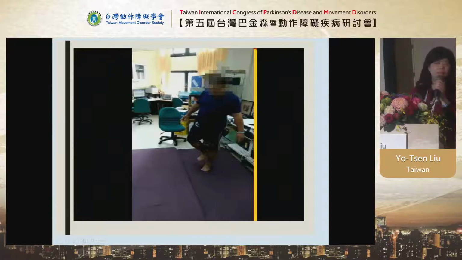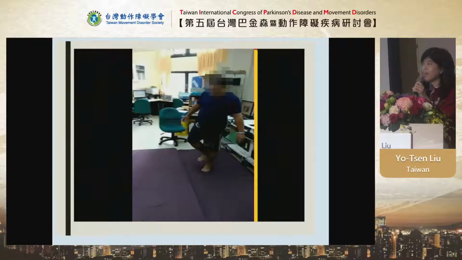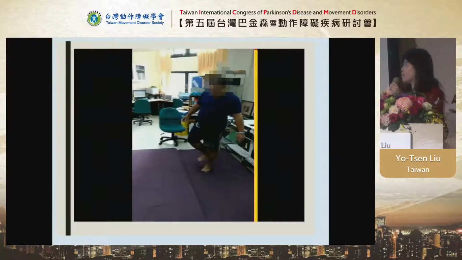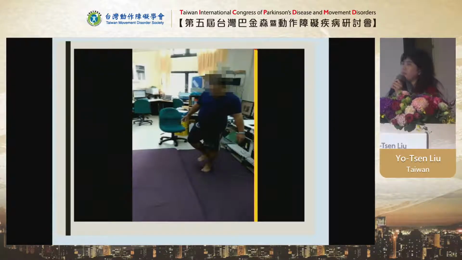We try to ask him to repeat the jumping with his left leg, but he has difficulty doing the repeated jumping. So finally, he fell down and got injured. So maybe we jump to the next slide. Yeah, sorry for the problem.